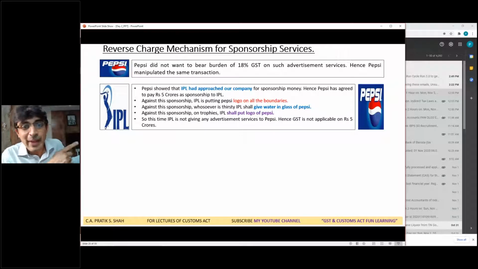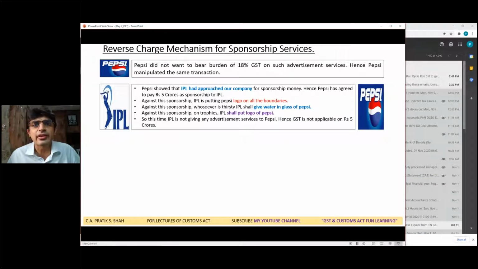So this time IPL is not giving me any advertising. I have given sponsorship, nothing else. This is what Pepsi is saying, that this transaction is sponsorship. Money given, that's why it is giving these services.